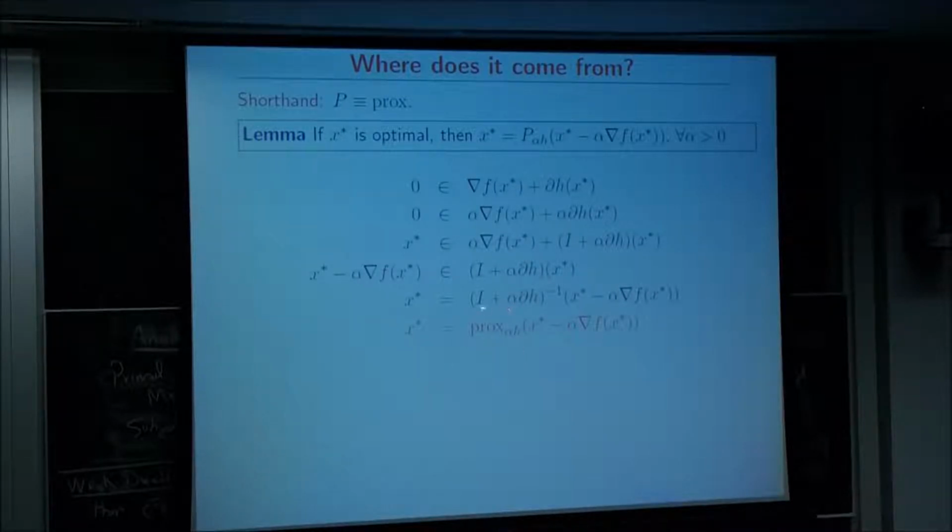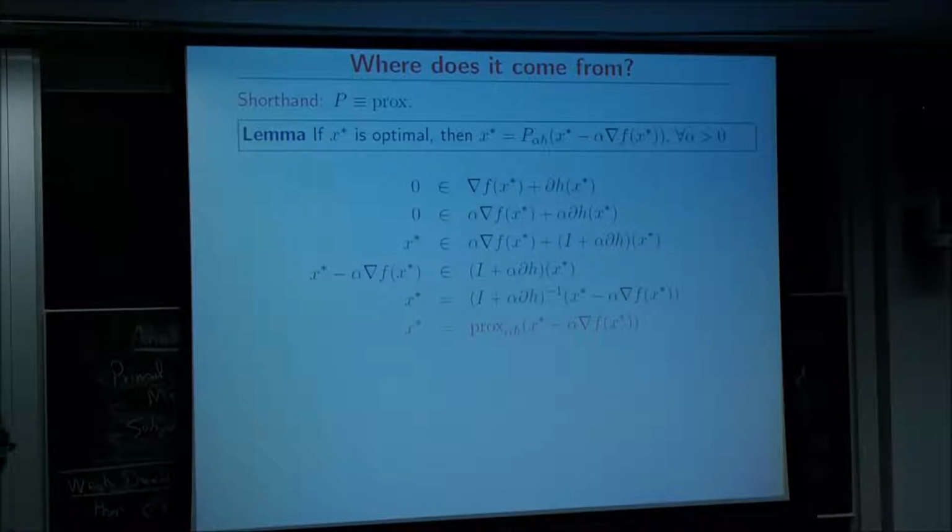And that inverted operator is called the proximity operator. So what we have done is just rearrange the optimality conditions of that problem and write them as what you can call a fixed point equation, because x star occurs on both sides.